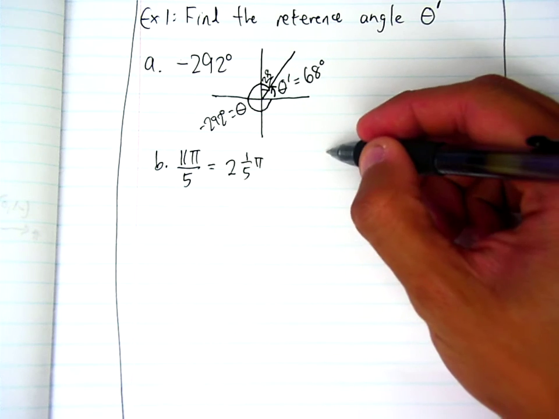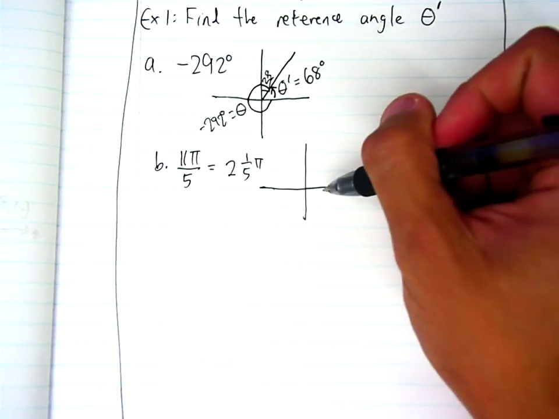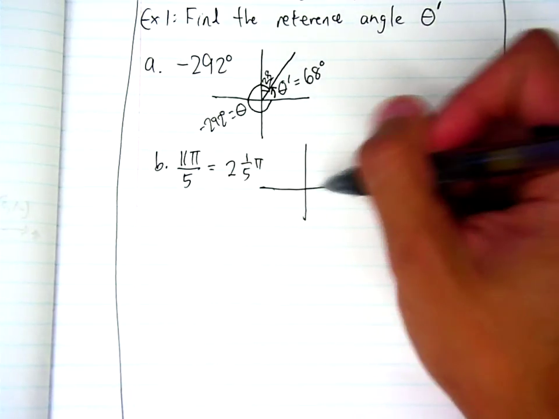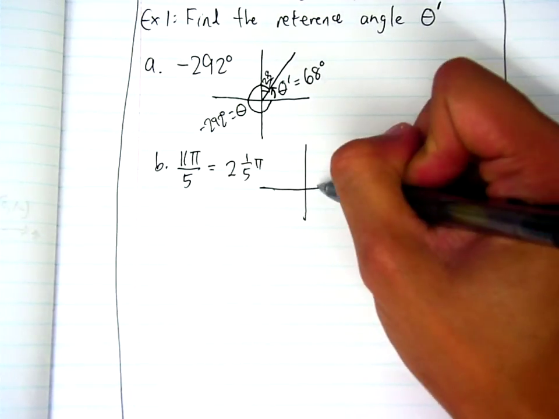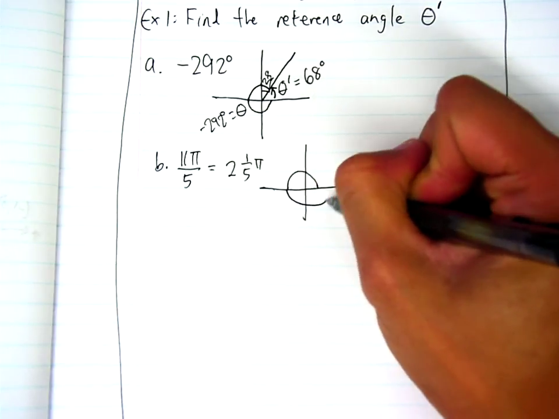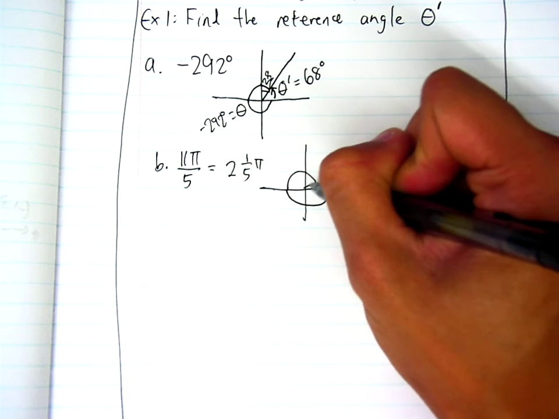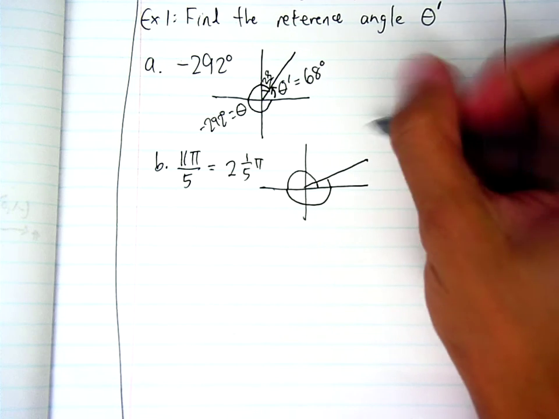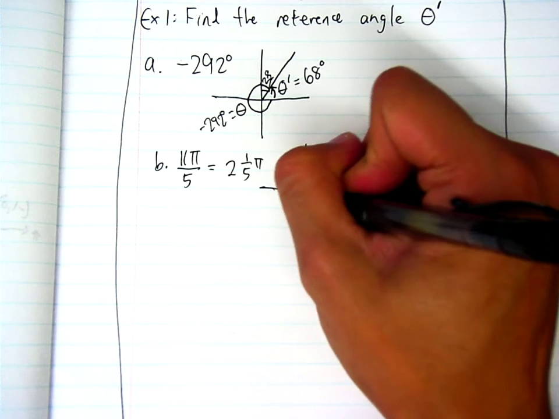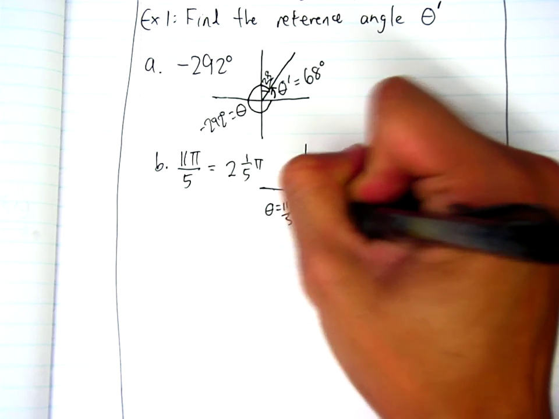I know every time I go pi, it will be 180 degrees. If I go pi, it's going to be counterclockwise. So right now I have gone 1 pi. Now I've gone 2 pi. And now I have to go pi over 5 more. So again, this theta is 11 pi over 5.